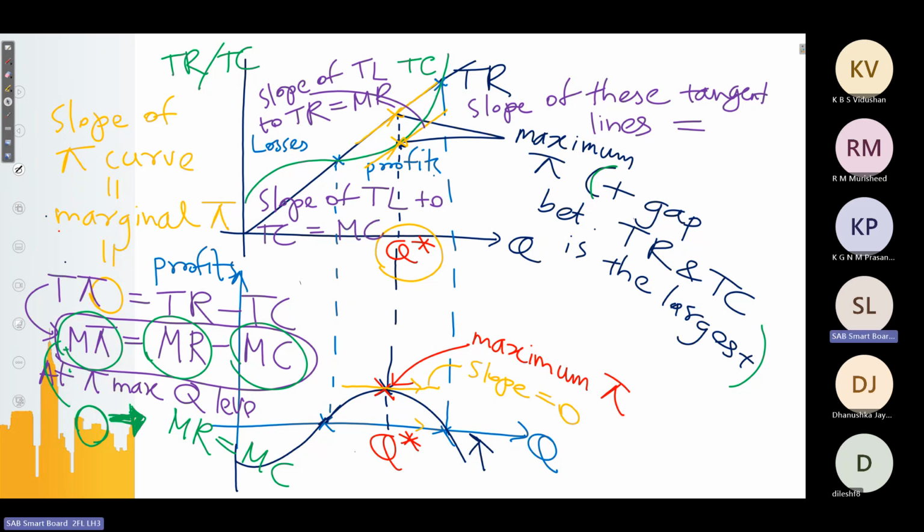Since the slopes of both tangent lines are equal, what do we understand? Marginal revenue and marginal cost are equal at the profit maximizing output level.